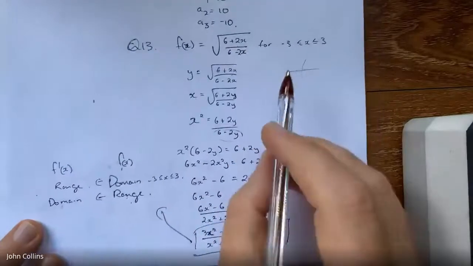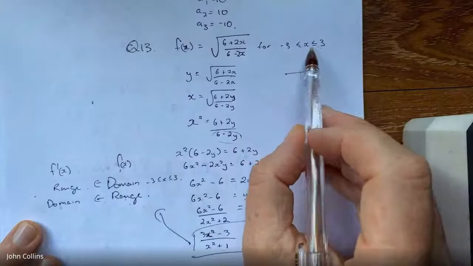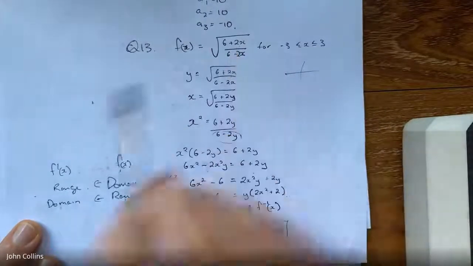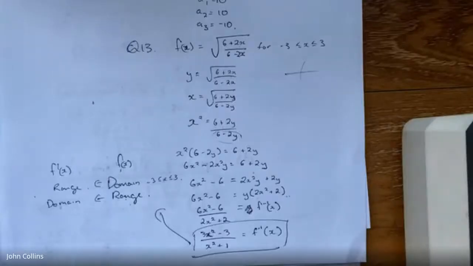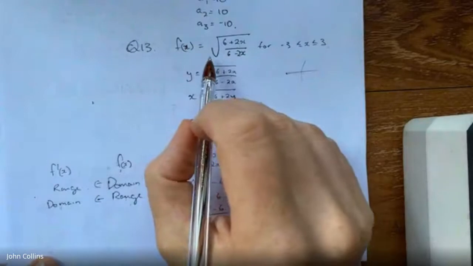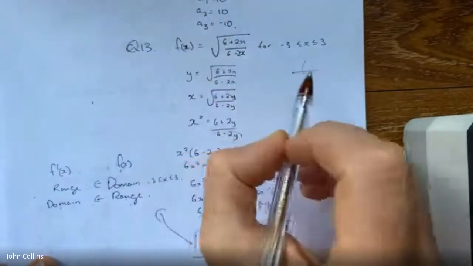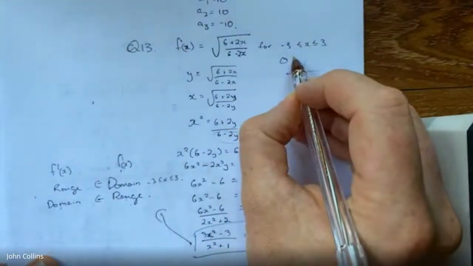What was the range of the original one? So can I get anything less than 0? No. No, because the square root then would, in order for me to get that, it wouldn't make sense. The square root of the number would have to give a negative answer out, and that wouldn't work. So I can get any answer from 0 up to what?